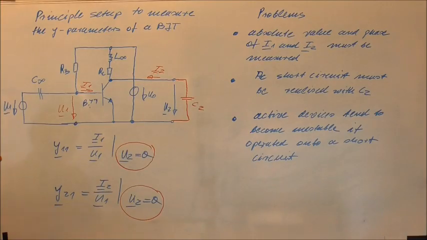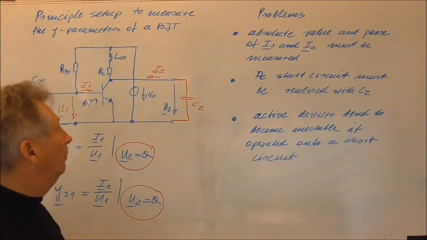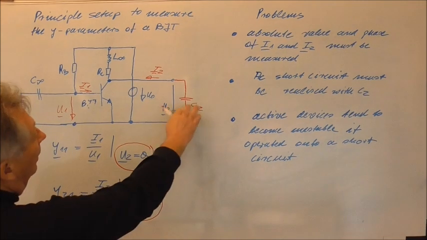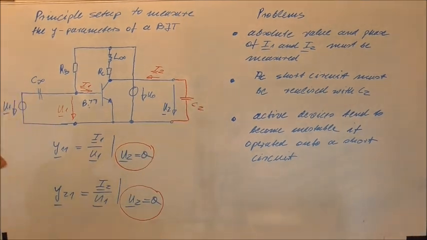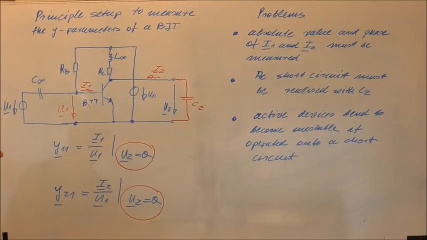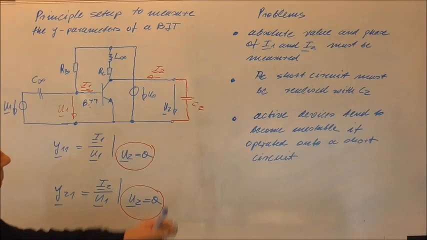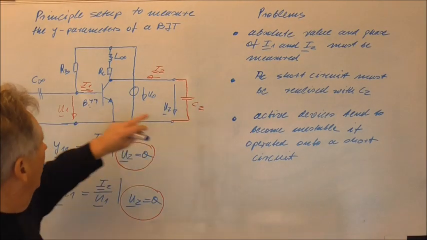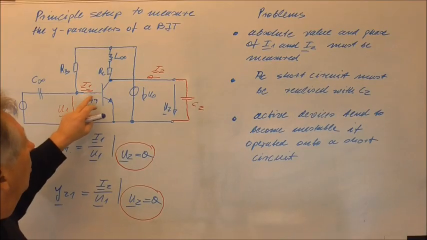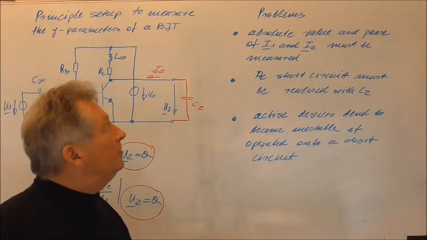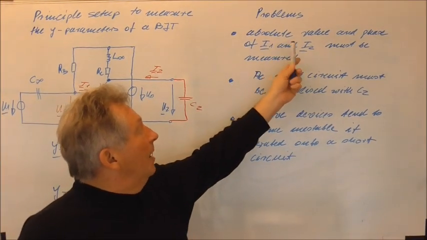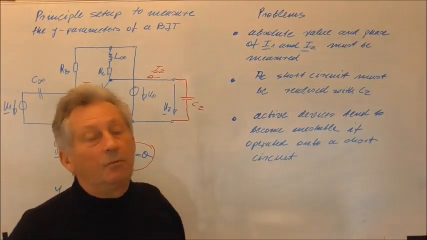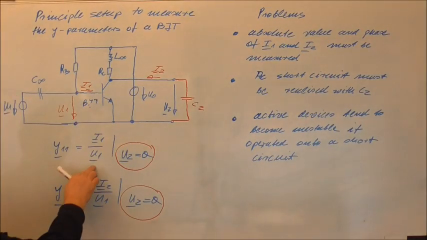Again, this can be realized, at least from a theoretical point of view, by using an infinite capacitance. And now we also see the problems. One of the problems is that both currents I1 and I2 must be measured in absolute value and phase with reference to the voltage U1.